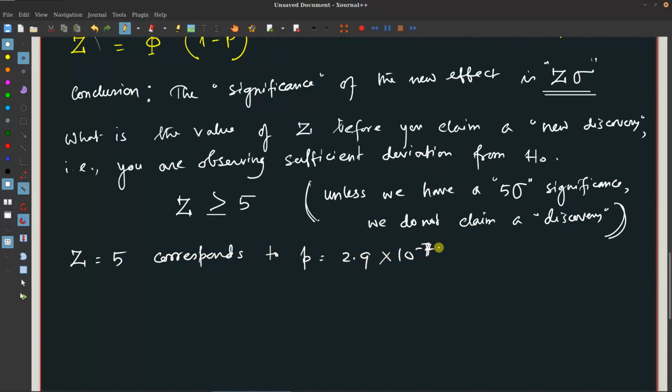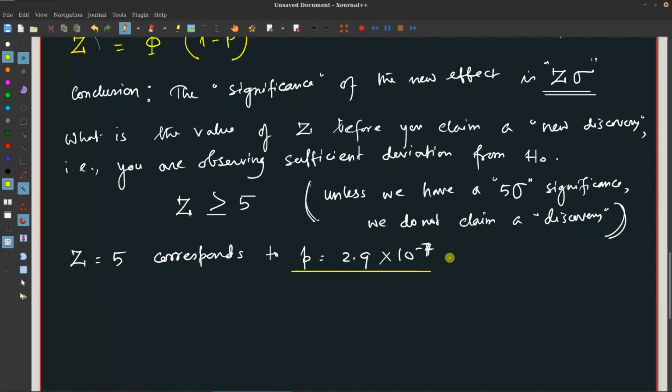So you are observing data, the probability of which emerging from the hypothesis H0 is of order 10 to the power minus 7. It's minuscule. You need to be that confident before you claim a discovery.